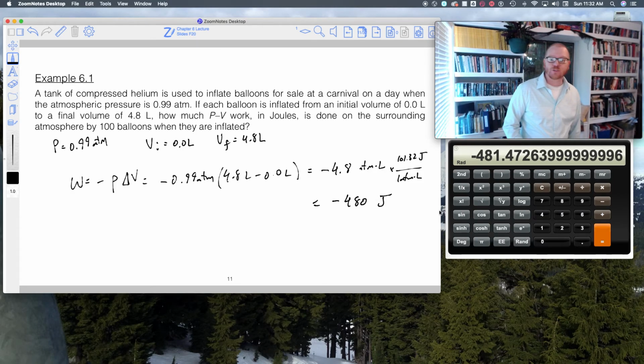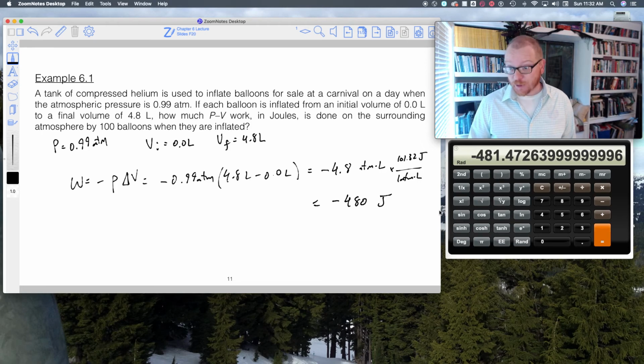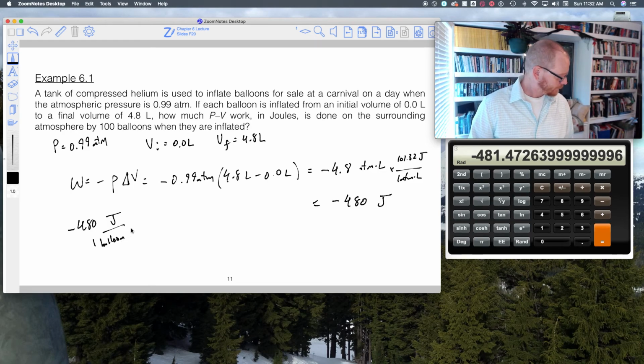And now that was only for one balloon, right? So I can do this with dimensional analysis. I can say negative 480 joules per one balloon. And I know I can just say 100 balloons, and I don't have to put anything on the bottom, because that's just going to cancel the balloons, okay?